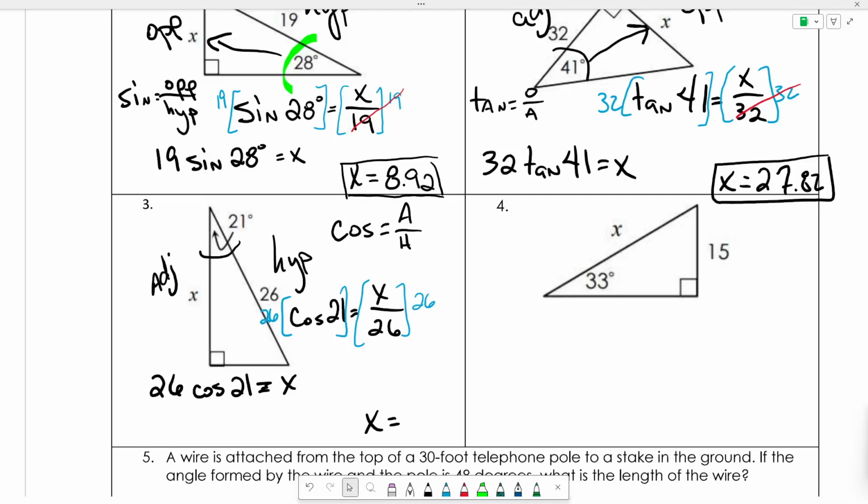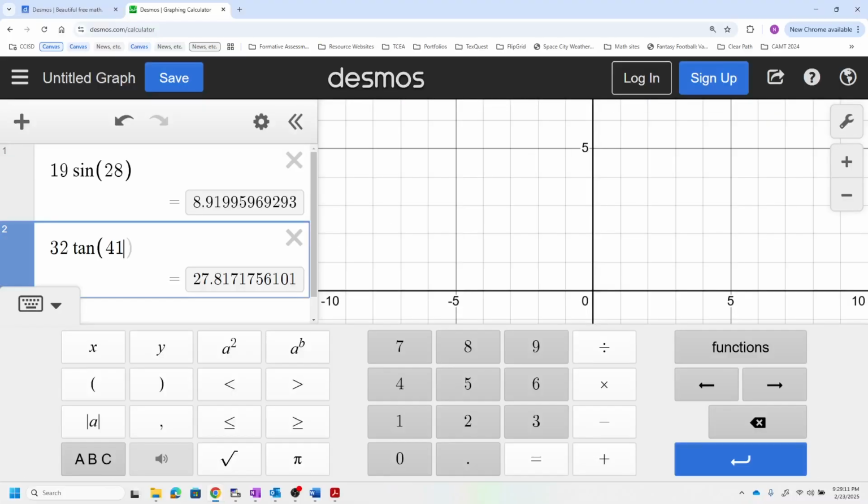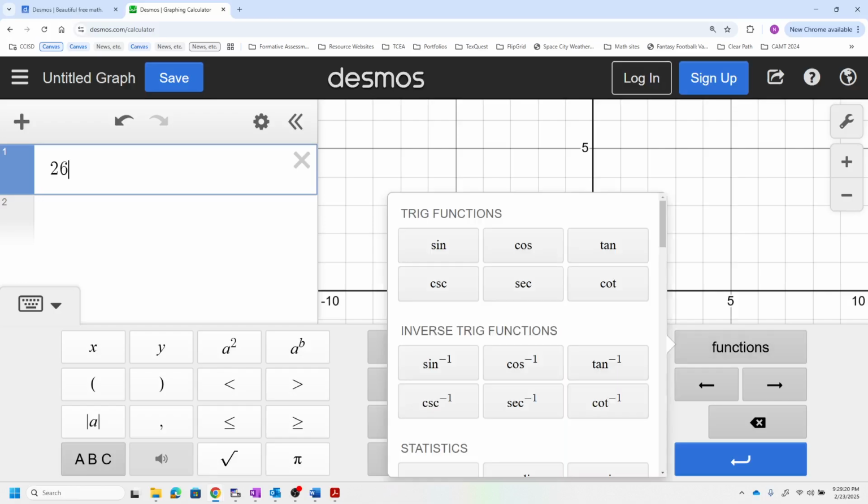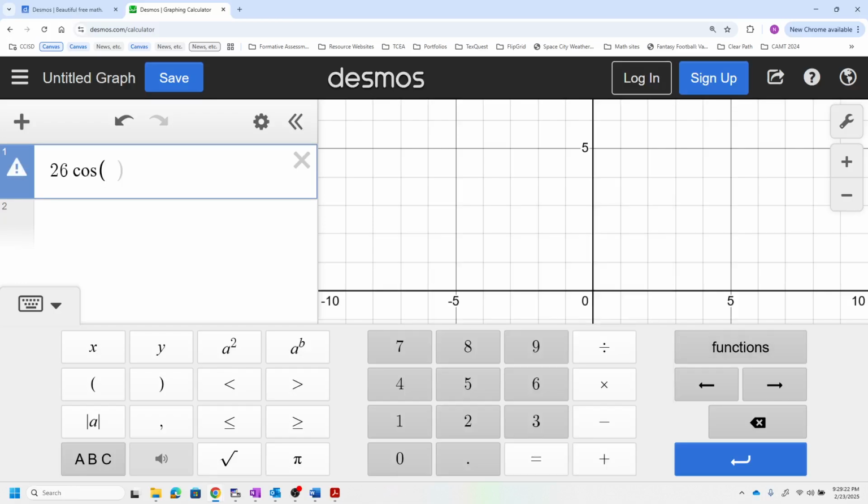Punching that into the Desmos here, I have 26 cosine of 21, and it's 24.27.